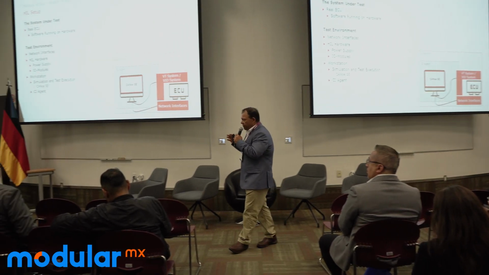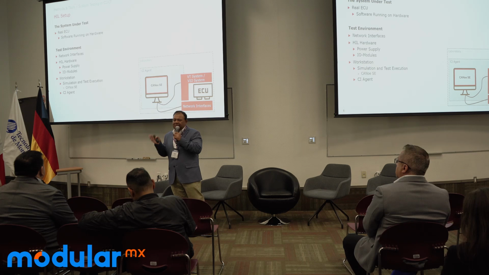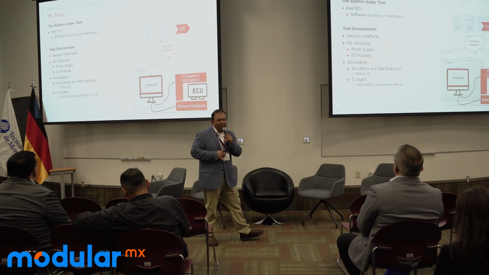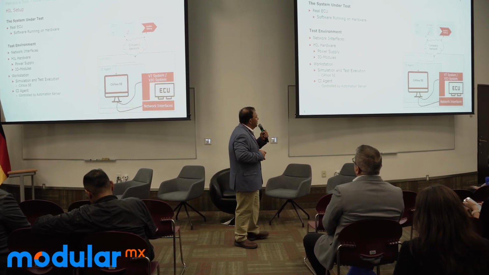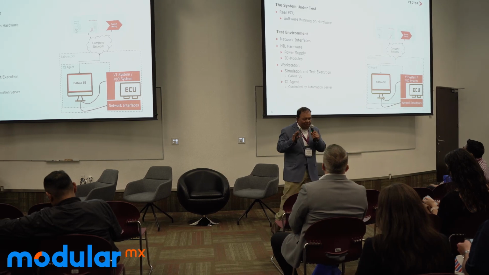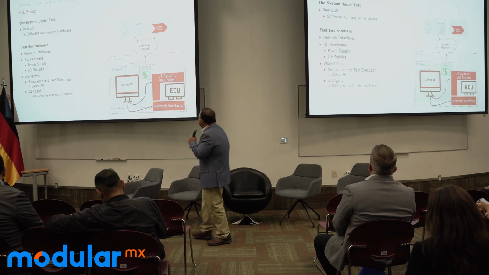So the advantage of this is that 95% of the tests that you develop in the SIL side are reusable here in the HIL side. Okay? You're using the same files, the same set of tests in order to test your real hardware.